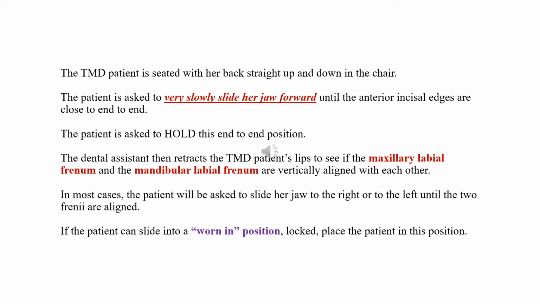Very interesting. This is just a natural thing. You're seeing nature and you're observing nature. And very often when you fit these upper and lower teeth into their locked position, guess what? The maxillary labial frenum and the mandibular labial frenum match. It's magic. Magic.